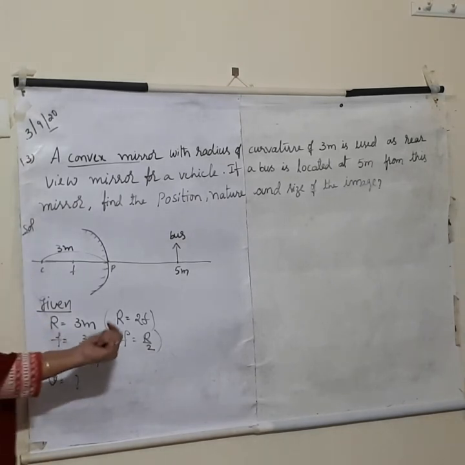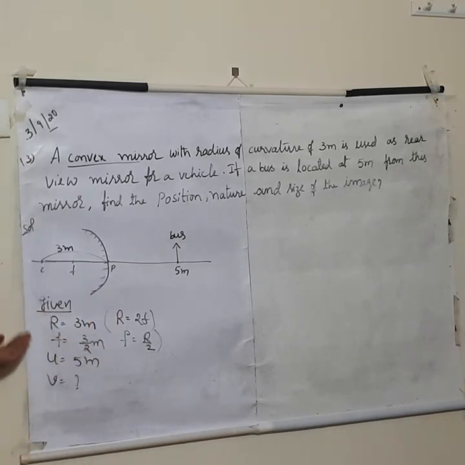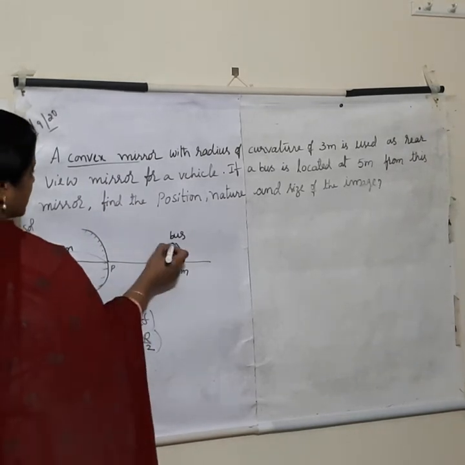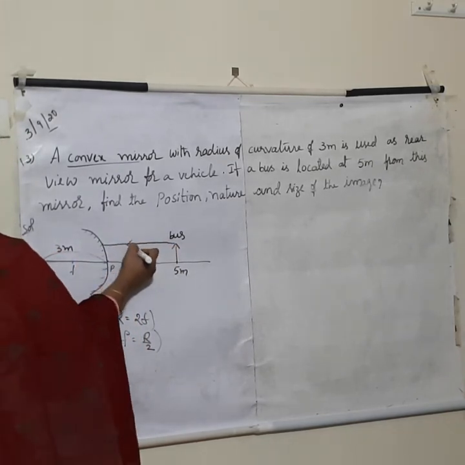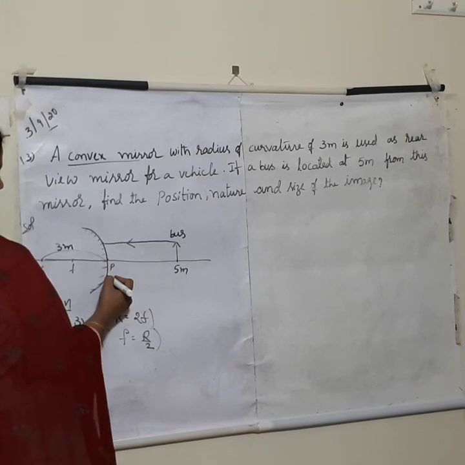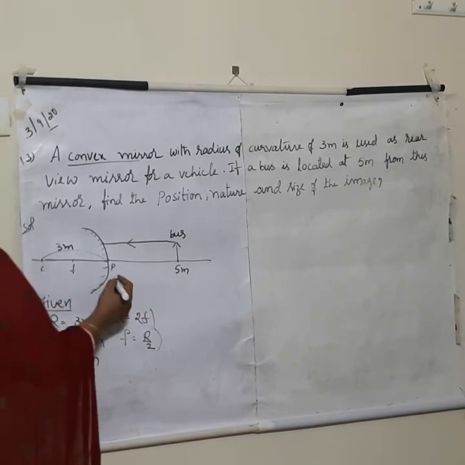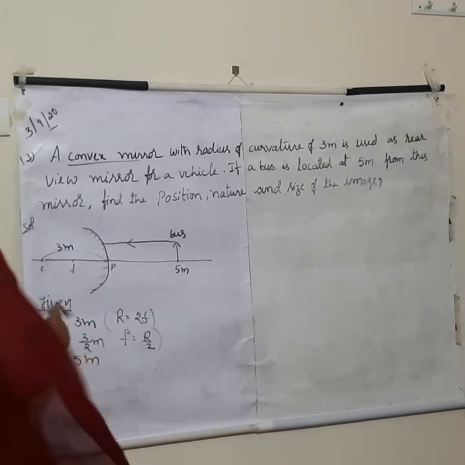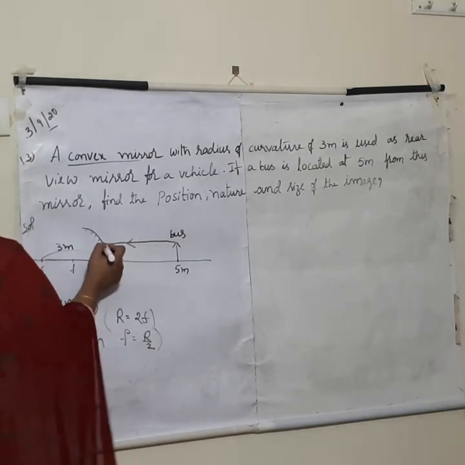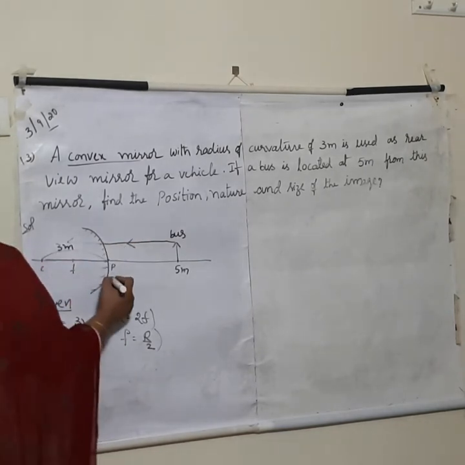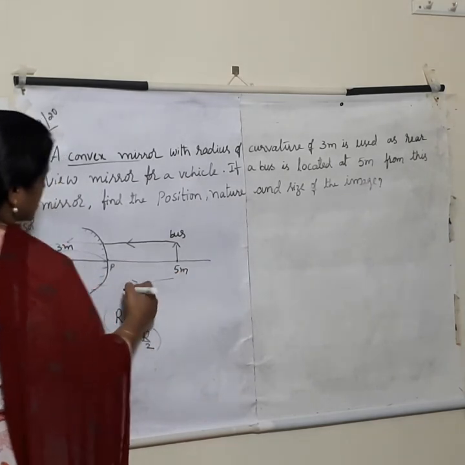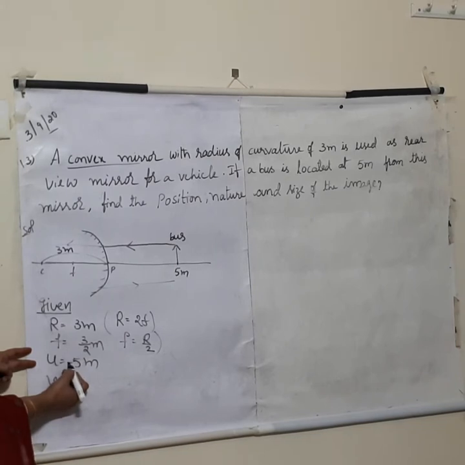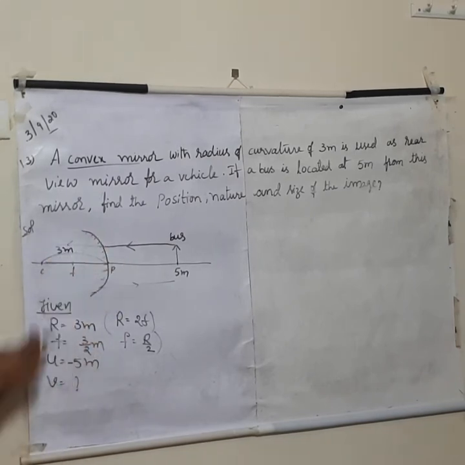Now coming to the sign conventions. What are the signs we must take? When an object is placed here, the incident ray touches the mirror like this, and you are measuring the distances from the pole. Coming to the object distance, the incident ray is along this direction, but you are measuring from pole in the opposite direction. So U is negative.